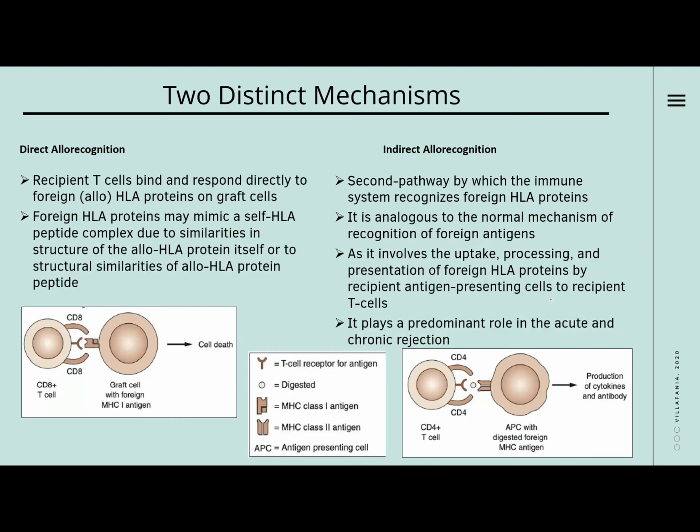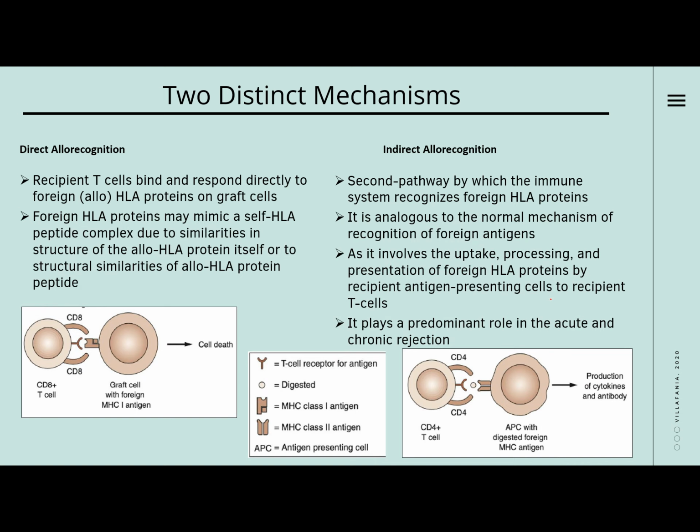Now there are two mechanisms for allorecognition, class. We have your so-called direct allorecognition. In direct allorecognition, class, recipient T cells would bind and respond directly to foreign HLA proteins on graft cells. Foreign HLA proteins, class, may mimic a self-HLA peptide complex due to similarities in structure of the allo HLA protein itself.